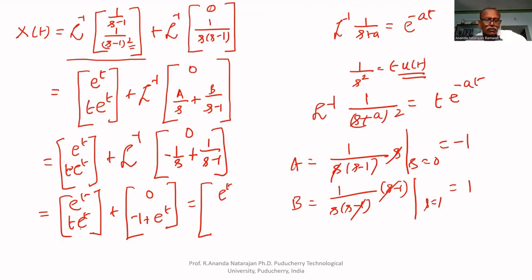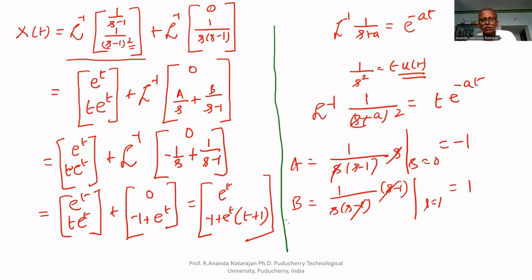Here, minus 1 plus e power t is common, if we take (t plus 1). So this is the solution of the given state model. This is the solution of the given state equation.